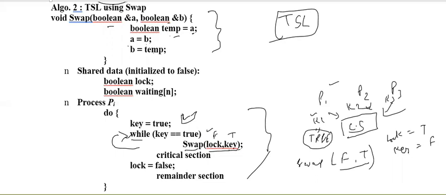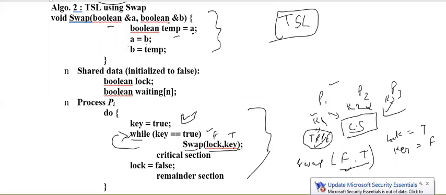K1 has made it true, and since K1 has made it true, we move into the swap function, and the swap function says that now lock will be true and key will be false. And once the P1 process moves again, key is false. Since key is false, it will move into the critical section. So P1 entered into the critical section.